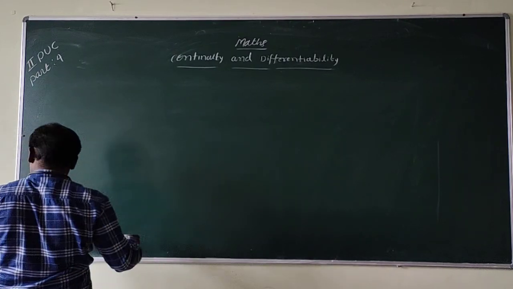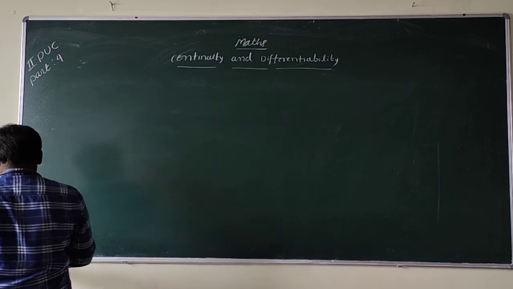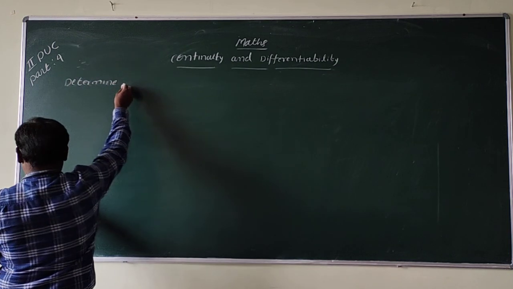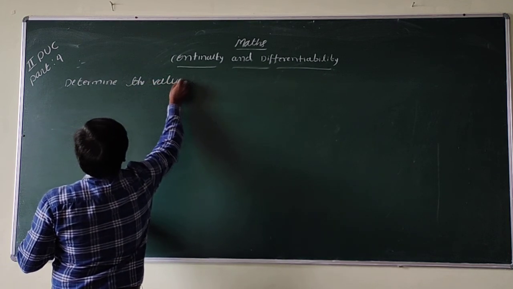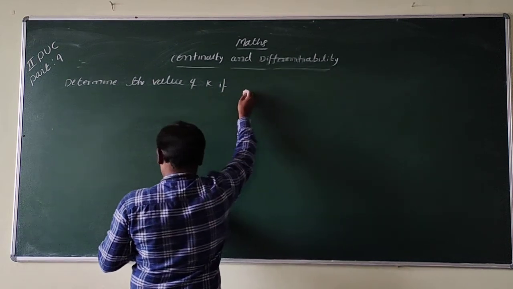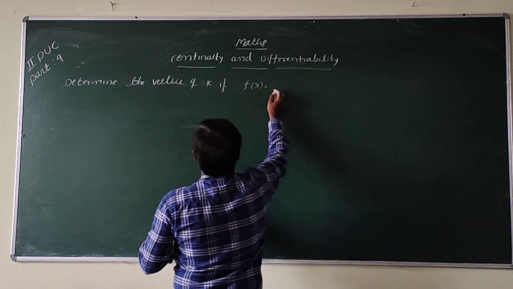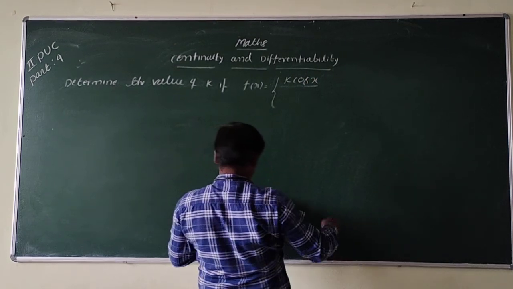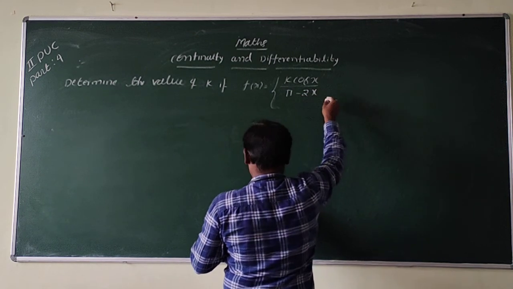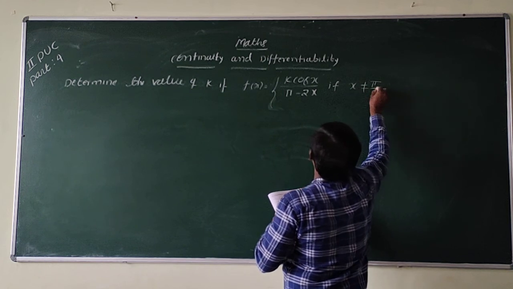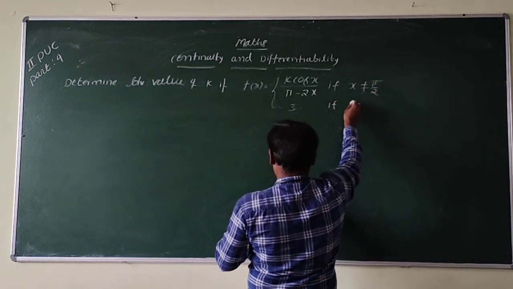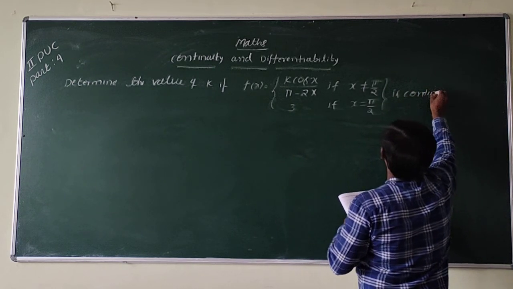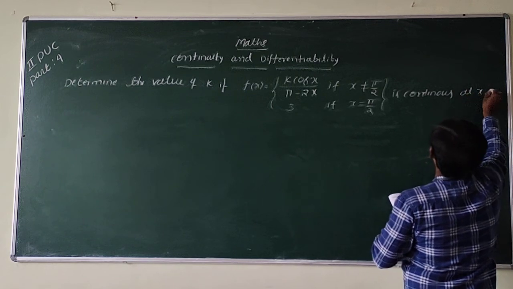One more important problem: determine the value of k if f of x is equal to k into cos x divided by pi minus 2x, if x is not equal to pi by 2, and 3 if x is equal to pi by 2, is continuous at x is equal to pi by 2.